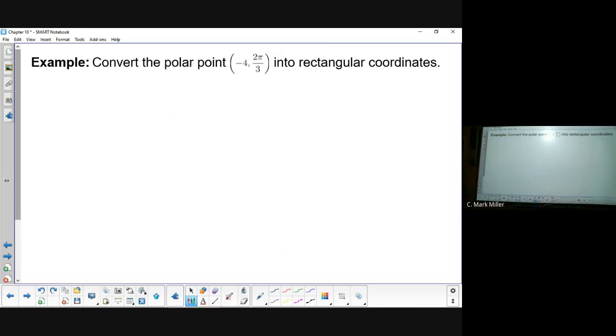Now convert that polar point into rectangular coordinates. You're told that's, oh, it's kind of negative. Now, those are angles we know about. Maybe a graph would help. You don't have to do a graph, but maybe one would help. Over here, 2 pi over 3 is where? It's going to be around right here.